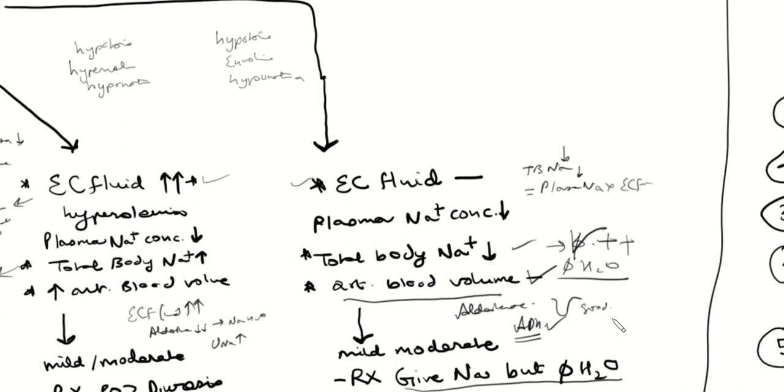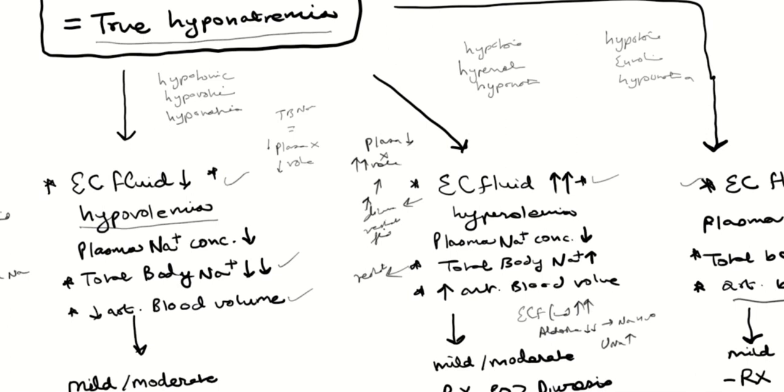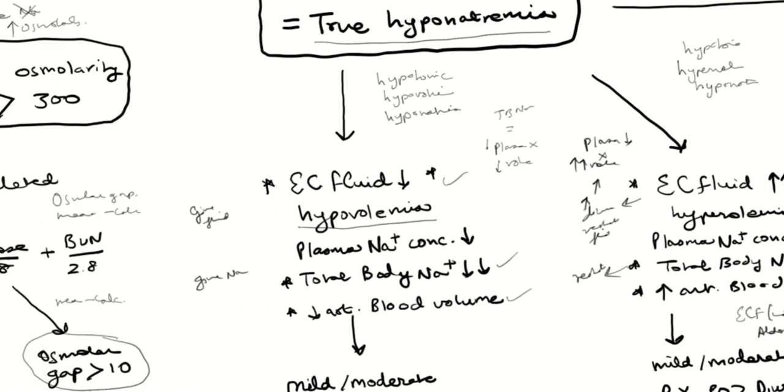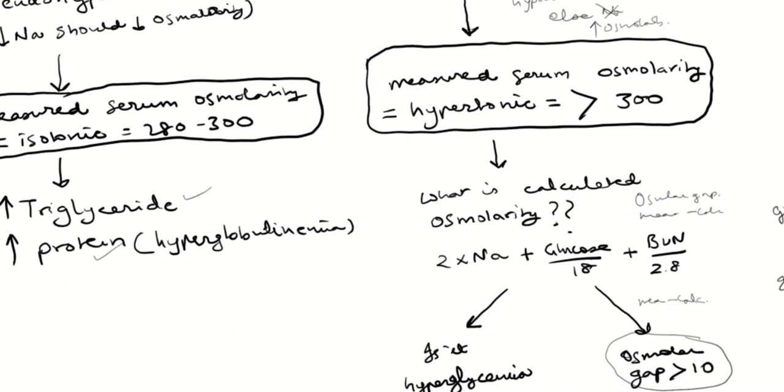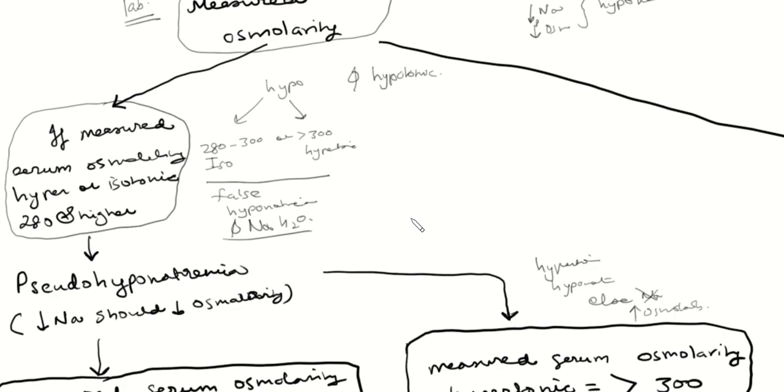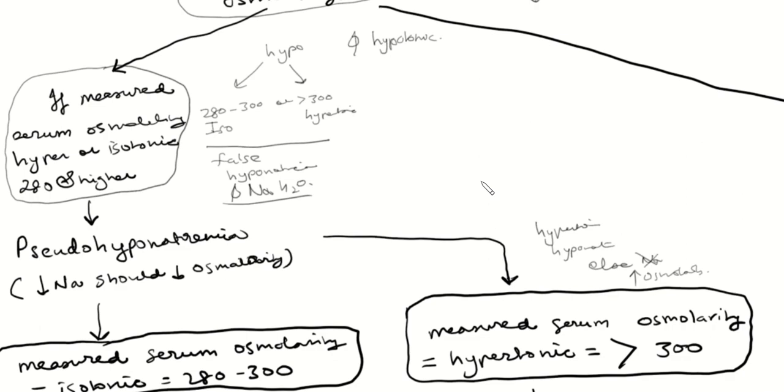Easy, right? So we talked about how to go through sodium levels that are low, and how we first teased out whether it was a lie. In other words, whether it was related to sodium and water, or was it another problem?